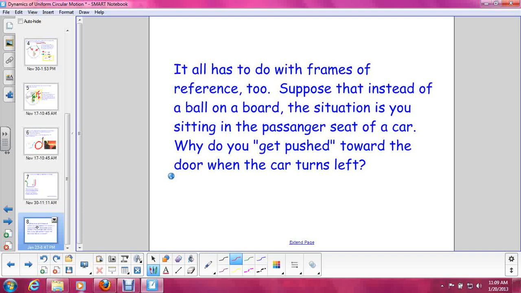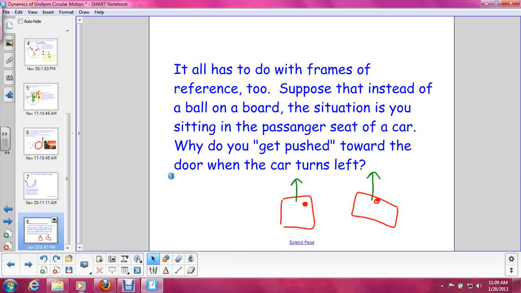What in fact is happening is as the car turns, if this is you, and you're moving, the whole car is moving this way, inertia tells us your body wants to continue moving in that direction. So this is you, and your body still wants to go this way. If the car is turning, the reason why you feel like you get pushed to the outside is because the car is moving into you.